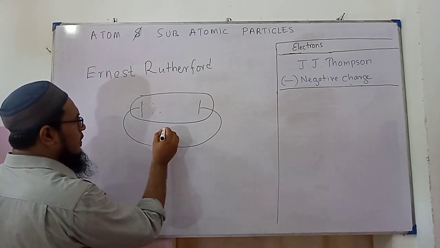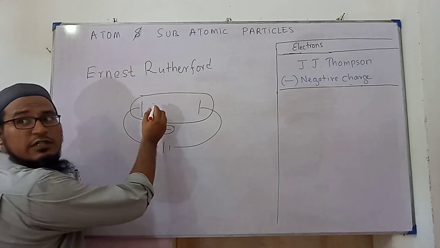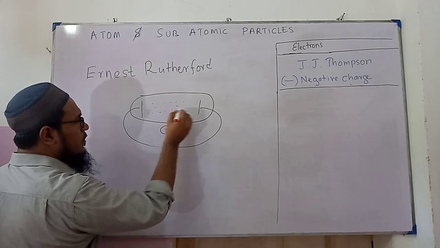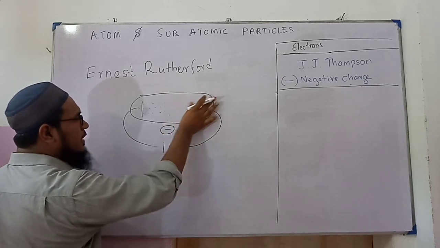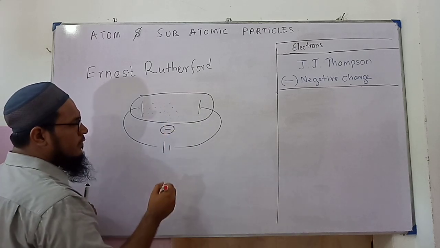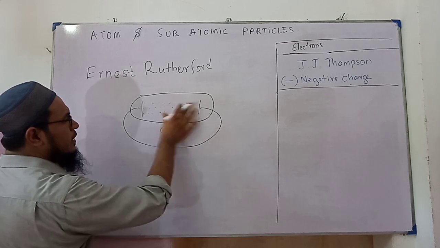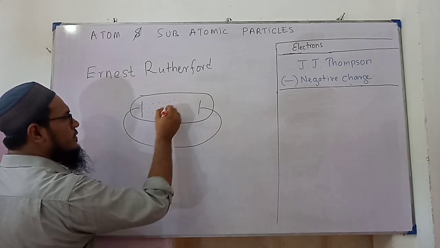When a negative charge was kept, the particle which was traveling straight turned towards it. It was attracted towards the negative particle. When this charge was changed into a positive charge, these particles got repelled.